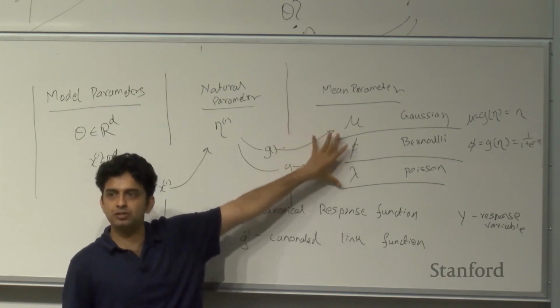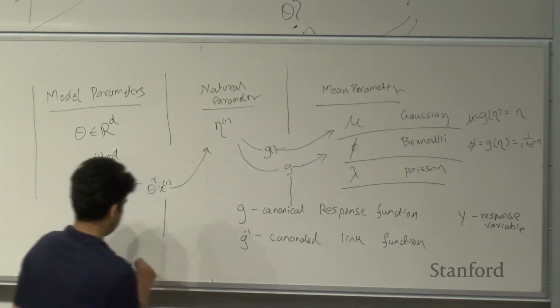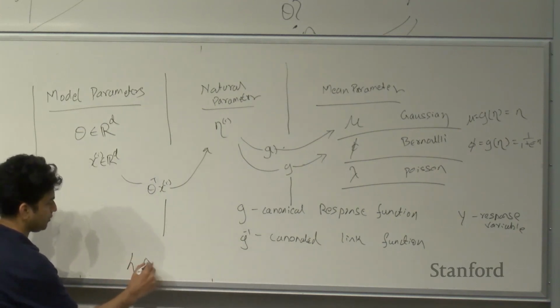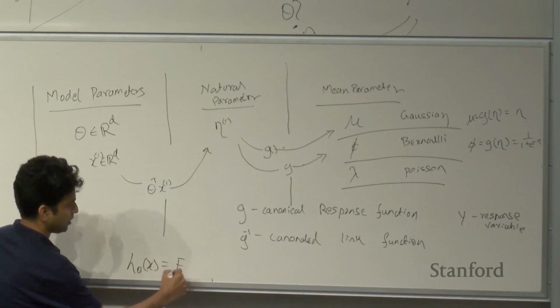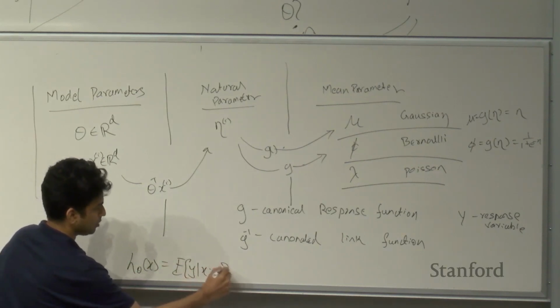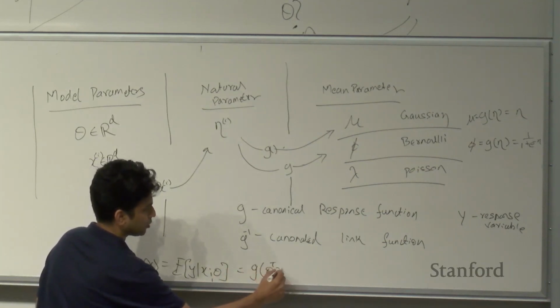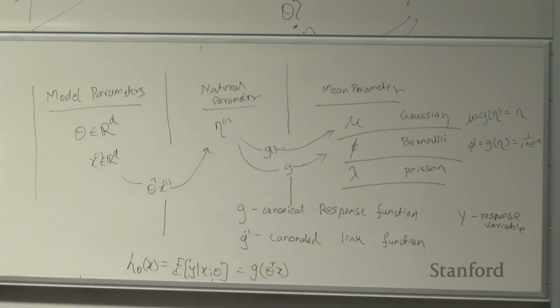And this is the prediction that we do, right? So the prediction is h theta of x equal to the expectation of y given x and theta, and this is always g of theta transpose x.